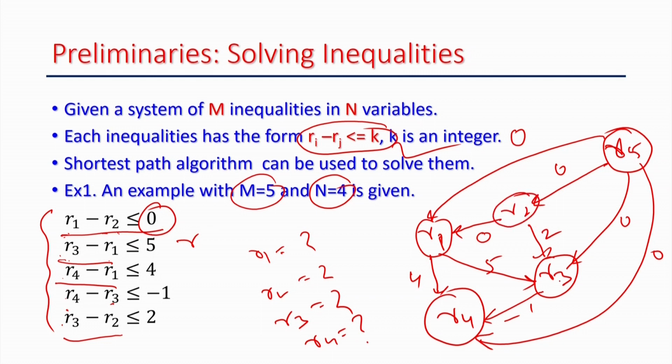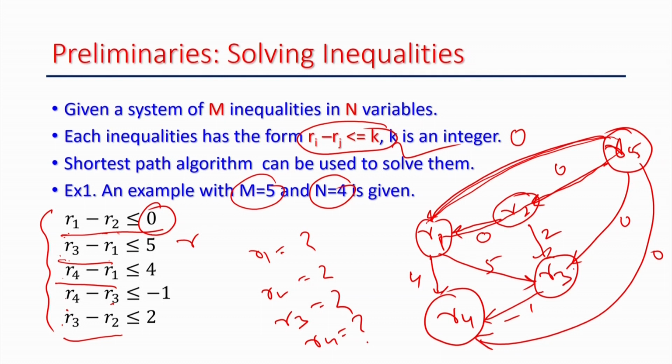Now we can show that the value of R1, R2, R3 and R4 is nothing but the shortest path from the extra node to that particular node. If you just see here, the shortest path to this node is 0, because there are many paths. From here I can go through this, or through this, or through some other path also.